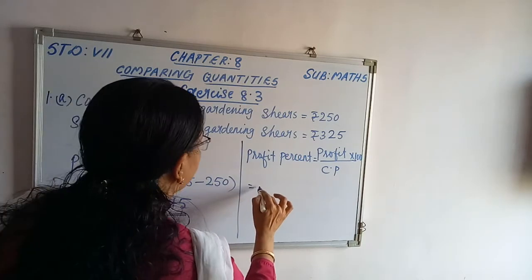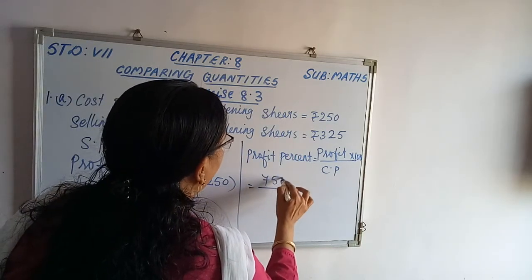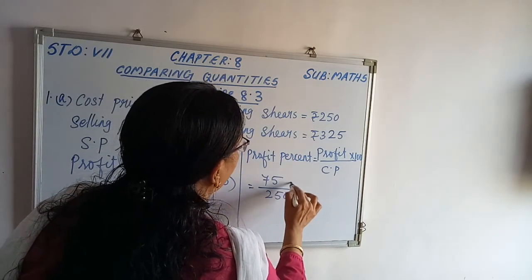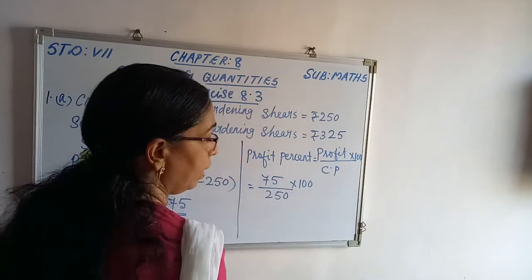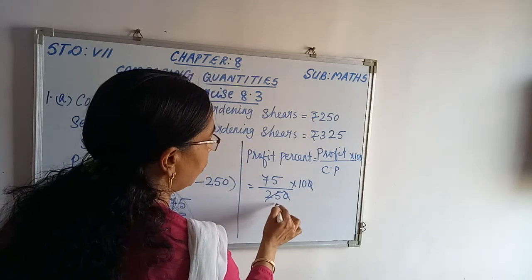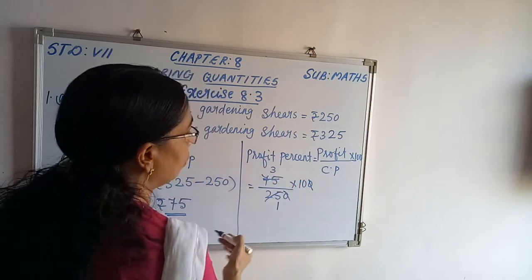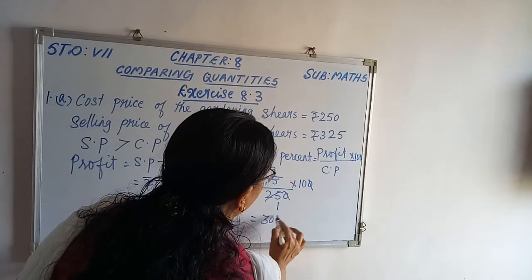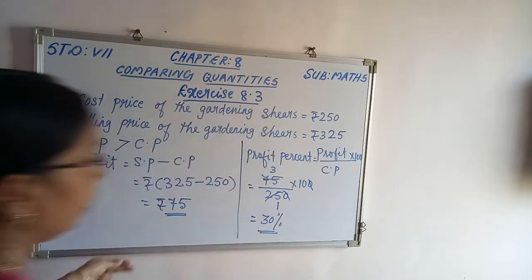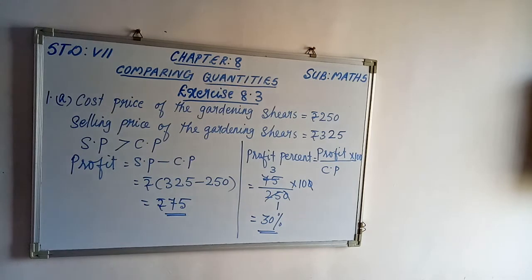So profit it is 75 upon 250 multiplied by 100. Isn't it? 0, 0 cancel, 25 ones are 25, 25 threes are 75, so it is 30%. 30% is the profit percent. I hope it's clear to you. Now we can move on to the next question.